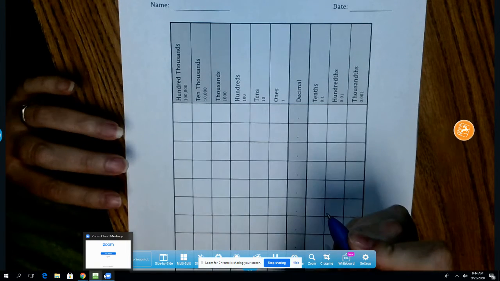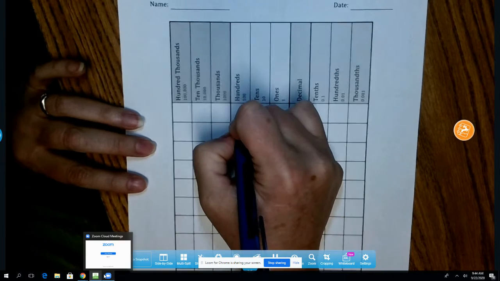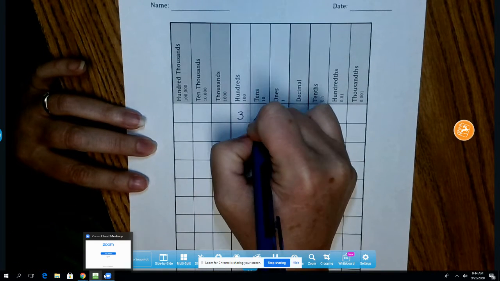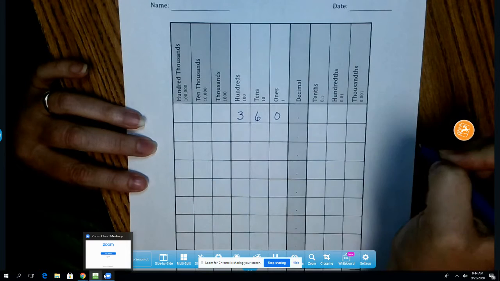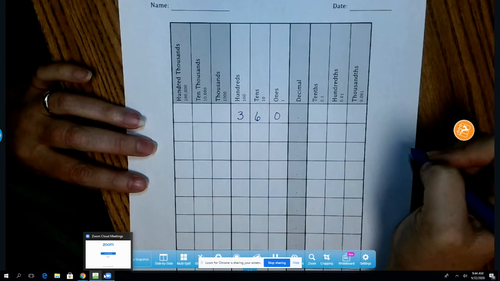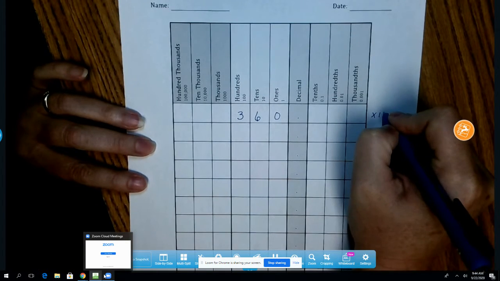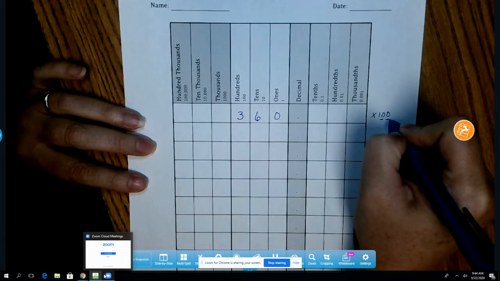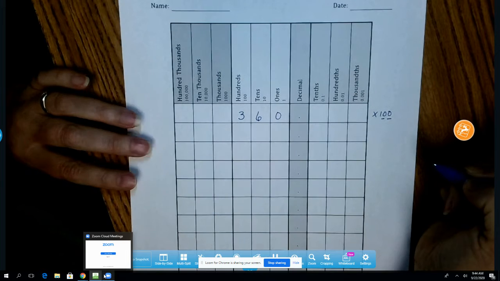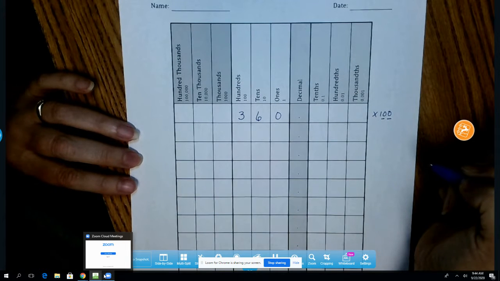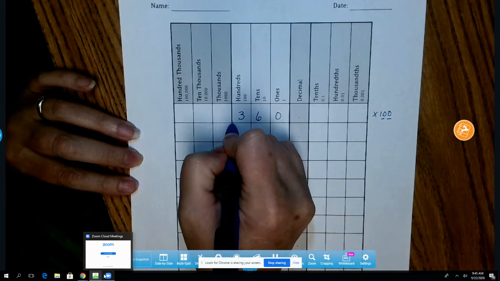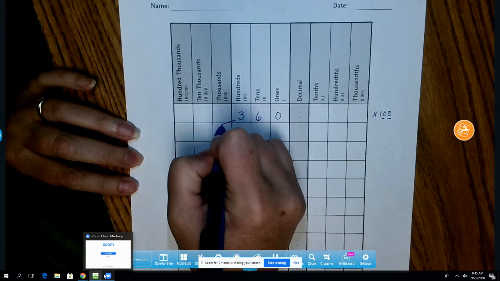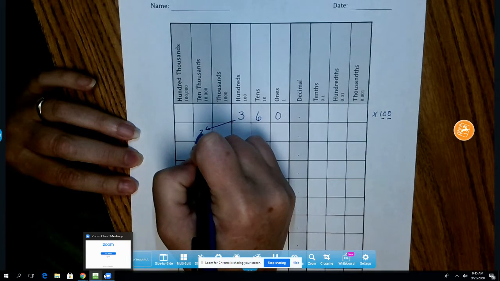Okay, so if we use the number 360, and that is being multiplied by 100. If I use my little trick, there's 2 zeros in 100, so I need to move it 2 place values. The 3 is going to come here.